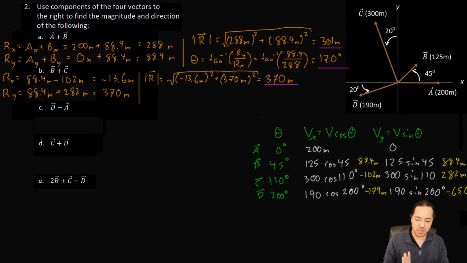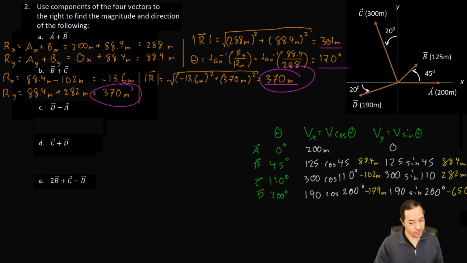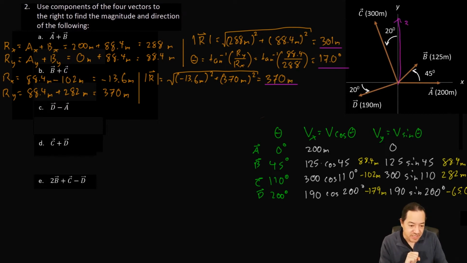Now, what's interesting to notice is that the total magnitude of the resultant vector is pretty much the same as the y component. And the reason why is because the y component here is very big. It's 370. And the x component is very small. It's only negative 13.6, right? So the resultant vector is going to be almost vertical. And so the length difference from the y component is minimal.